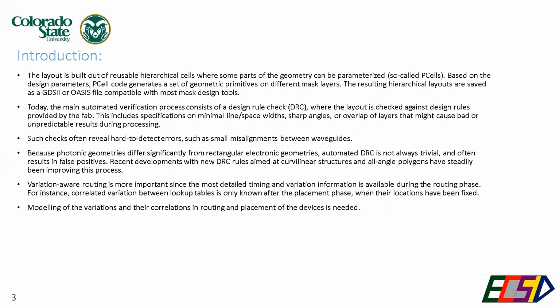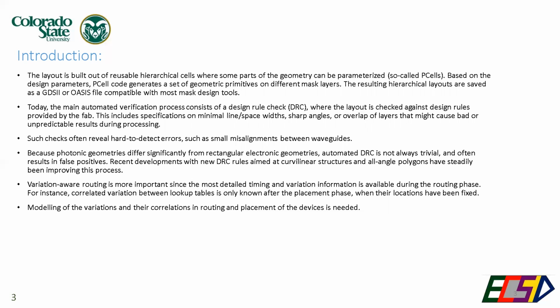As photonic circuits are sensitive, their geometry differs significantly from rectangular electronics. The automated DRCs, that is, the design rule checks, are not always trivial and often give results that are false positives.